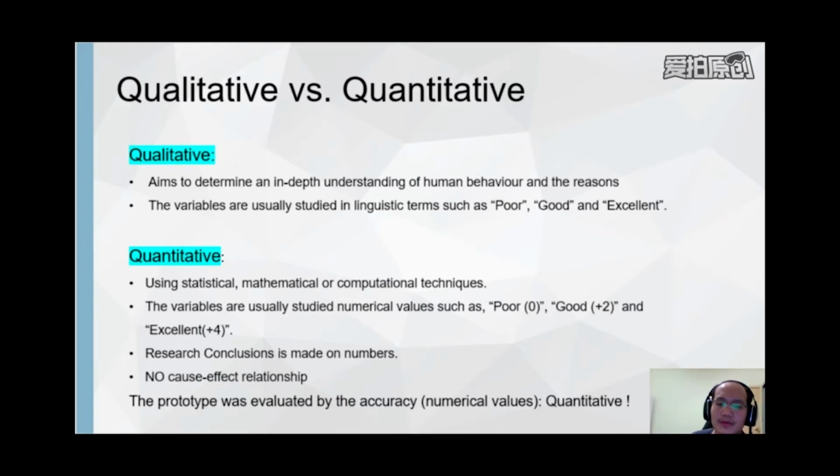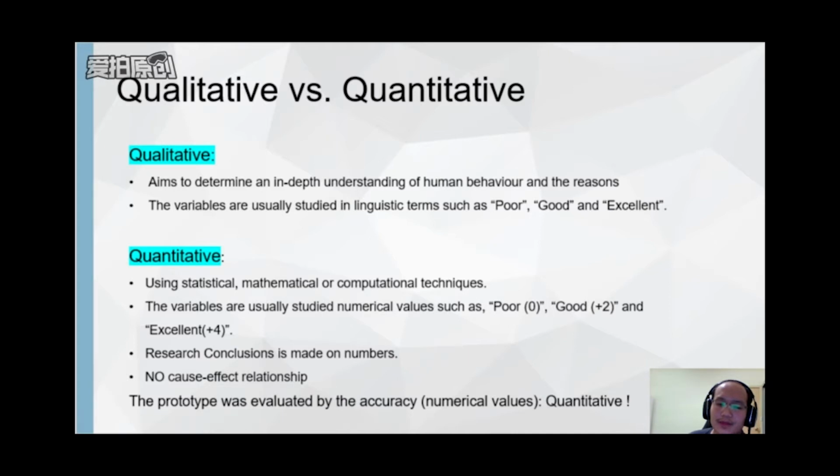But quantitative research uses statistical, mathematical, or computational techniques. The variables are usually numerical values such as 0 for poor, 2 for good, or 4 for excellent. The conclusion of this type of research will be made on the numbers.